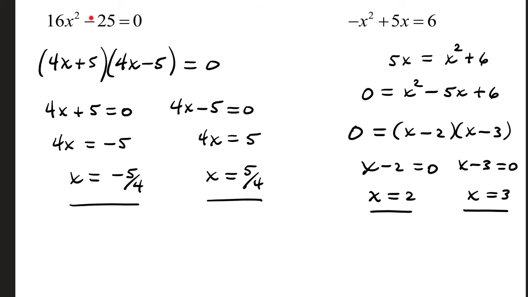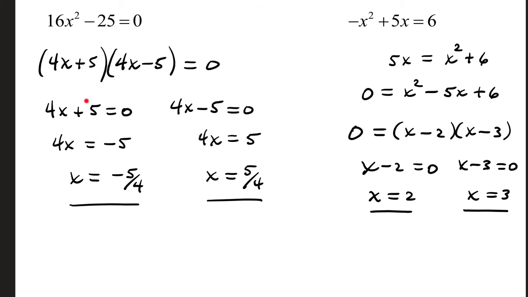Now there's no middle term with an x, so you've got to be careful. The outer and the inner terms must zero each other out. And they do if you put a plus and a minus sign in the parentheses. The outer is negative 20x, the inner is positive 20x, and that zeroes out. So no x term, we need to make sure that those cancel.